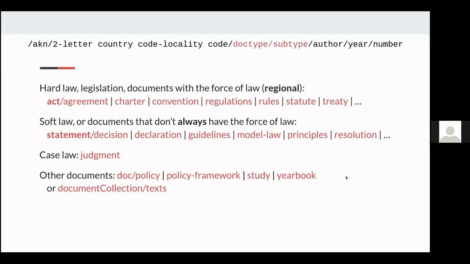I was talking about how we decided what to group under ACT versus what we decide to group under statement, which we used the base AKN naming convention guidelines on. If something is sometimes normative and sometimes more like guidance, we would include it under statement, and we would always include it under statement rather than doing it on a case-by-case basis.